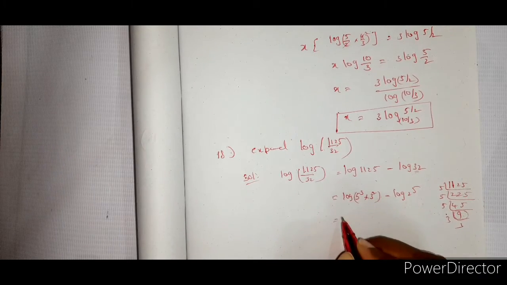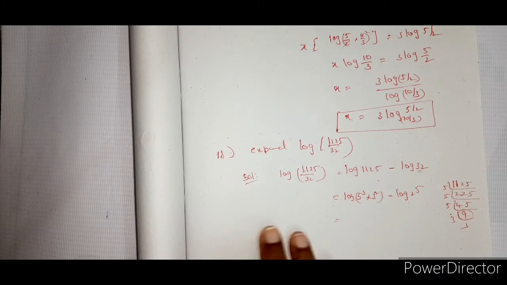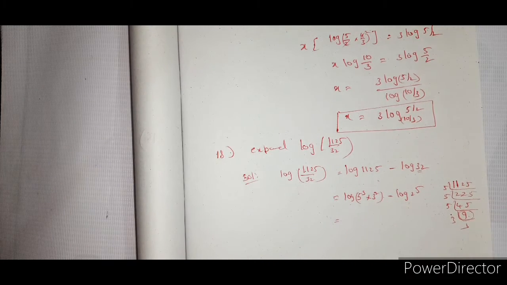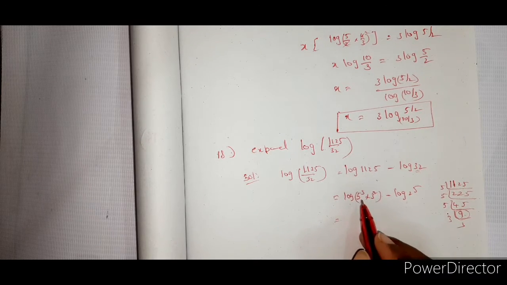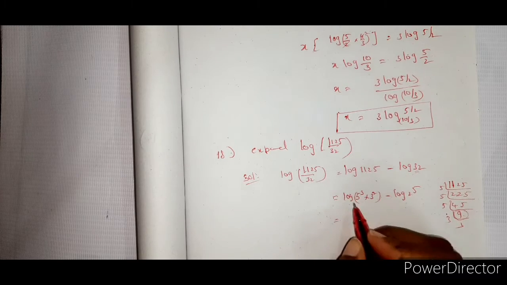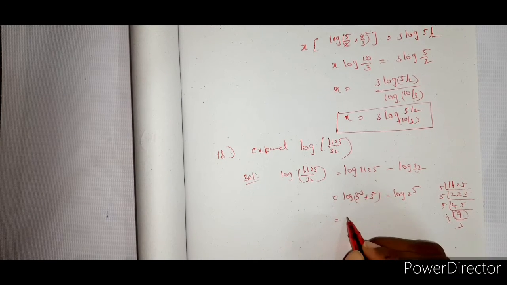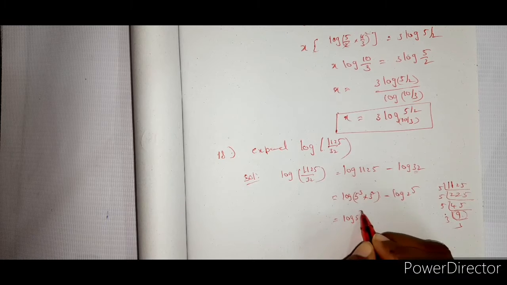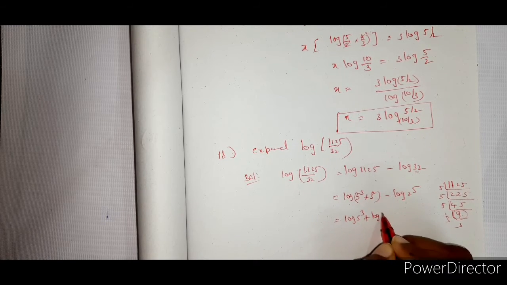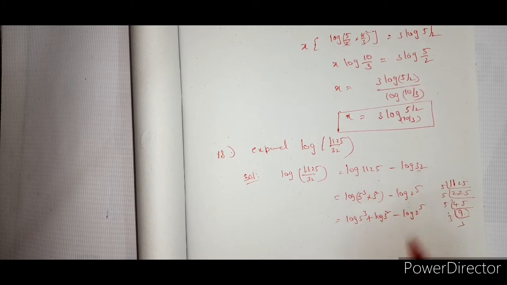Okay, right. So now let us expand this also, because he said expand. You need to expand it into the simplest form, that means further expansion should not be possible. You should not leave the problem in between. So log A plus log B: log 5 cube plus log 3 square minus log 2 power 5.